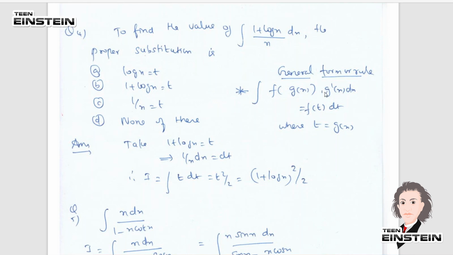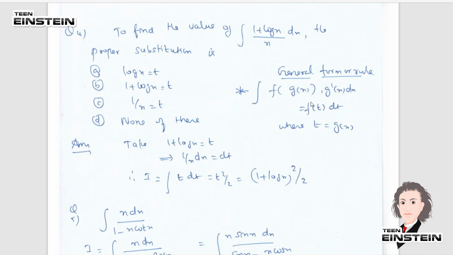If the derivative of g of x is present in the given integrand, then you can take g of x is equal to t.